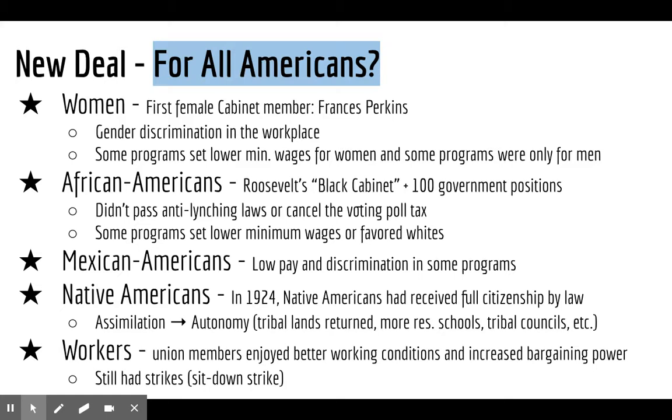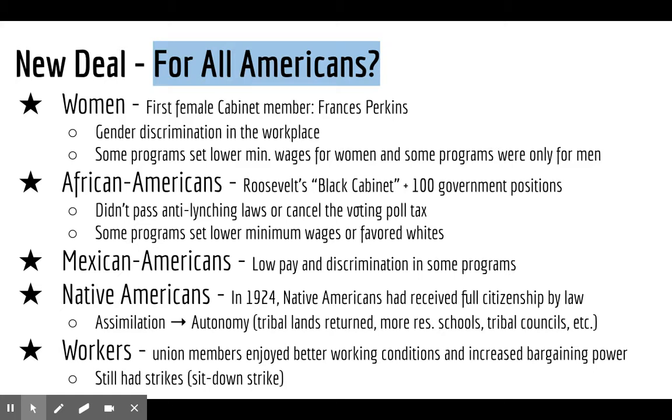Well, a lot of Mexican Americans are migrant workers at this time, which means that they move around wherever they can find a job, wherever they can find field work. So they don't have a permanent residential address. And so these programs were clearly trying to discriminate against Mexican Americans, picking something that they knew they wouldn't have so that they wouldn't receive the benefits from the program.